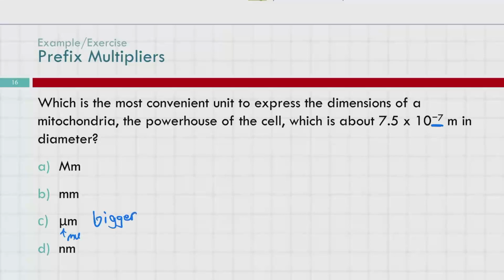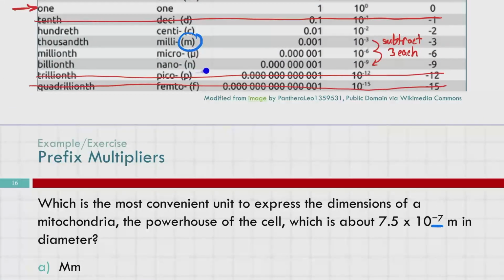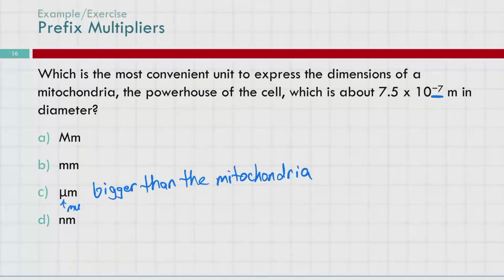This is going to be a little bigger than the mitochondria. So we'll end up with a number that's less than 1. If we use nano, nano is a smaller unit, it's 10 to the minus 9. This is going to be smaller than the mitochondria. So either of these are in the ballpark, so they would both be good.